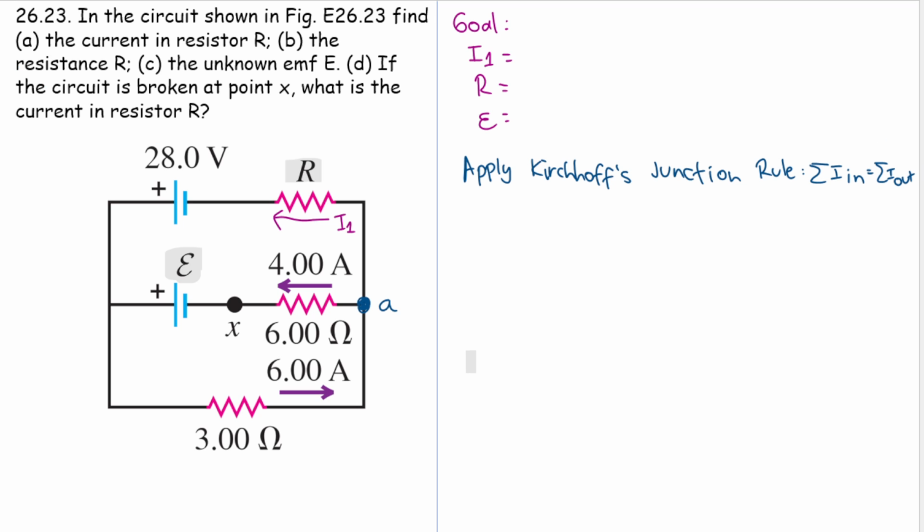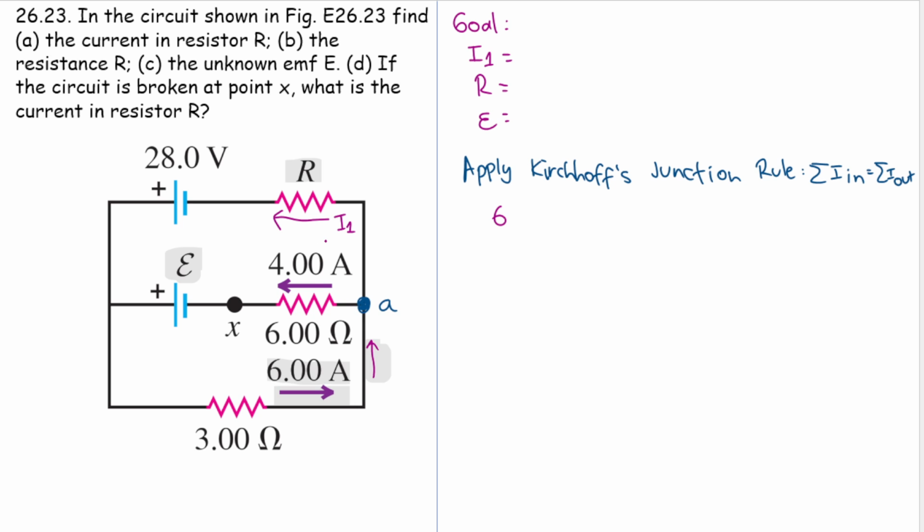What is the current that goes into node A? This one goes to the right and eventually goes up, so it enters node A. This is the first current that goes in, and the value is 6 amperes. Is there any other current that goes in?